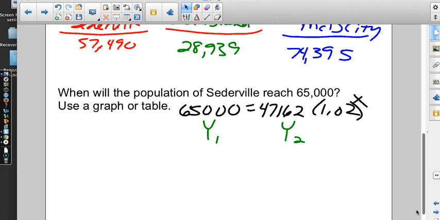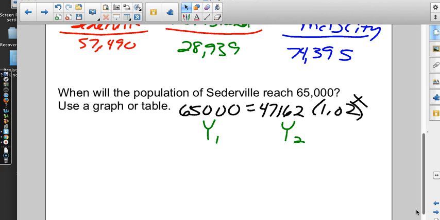So y equals, we've got 65,000, and then I need my 47,162, and I will use parentheses here because I just want it to look really nice. 1.02 to the x. Wouldn't have to, but just want it to look nice.